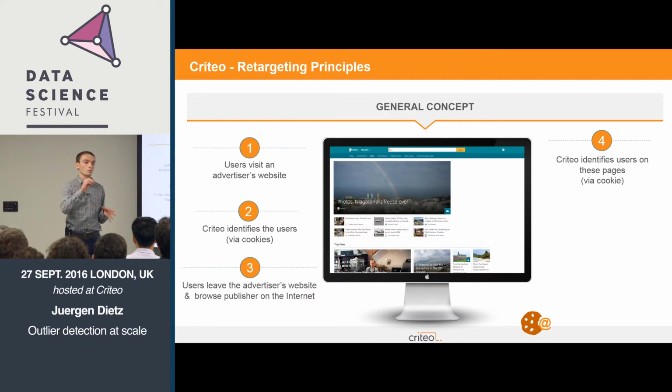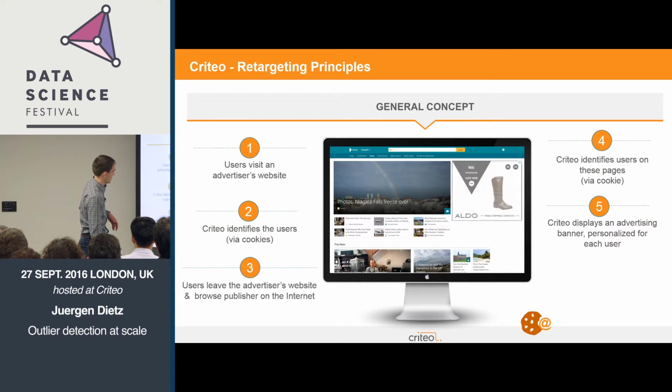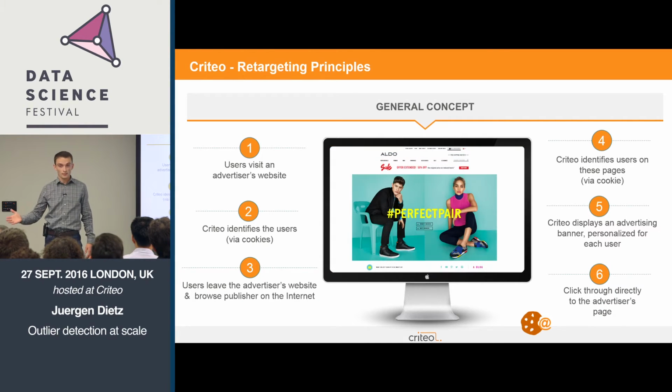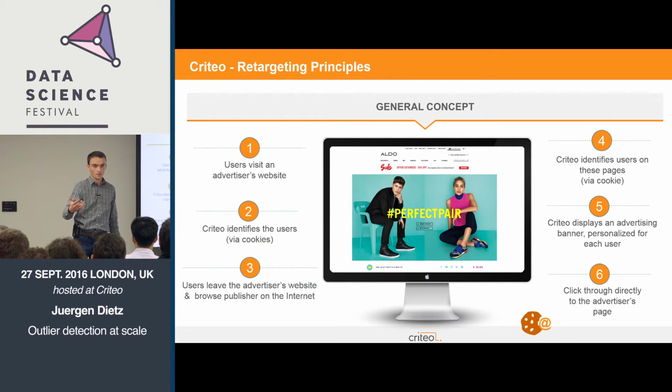And based on data that we have collected, so the products you've looked at, etc., we are then going to show you a banner, in this case about shoes. And then hopefully the idea is that you will click, which means you go back to the advertiser website and you might even purchase, right? So that's essentially the business we're in.